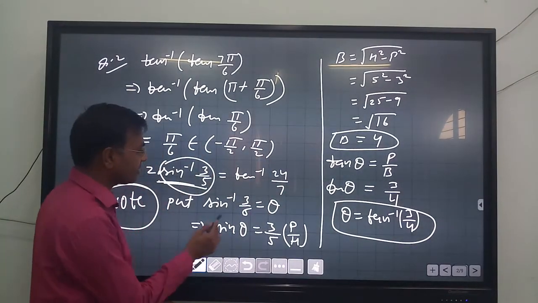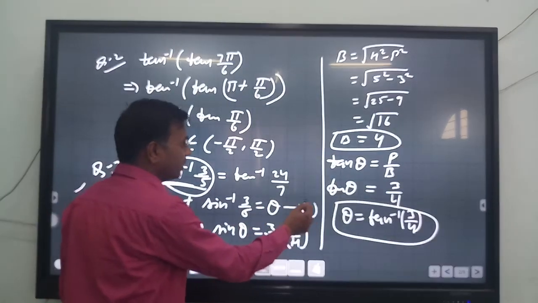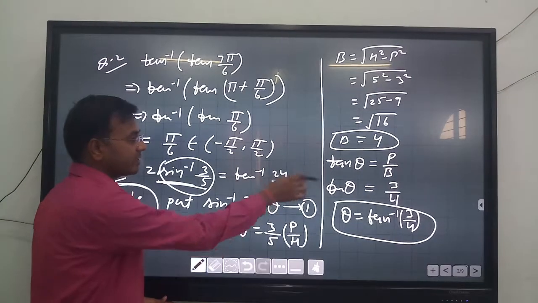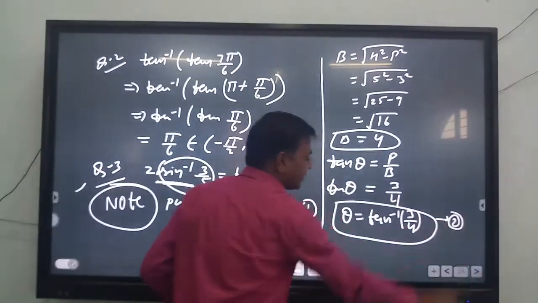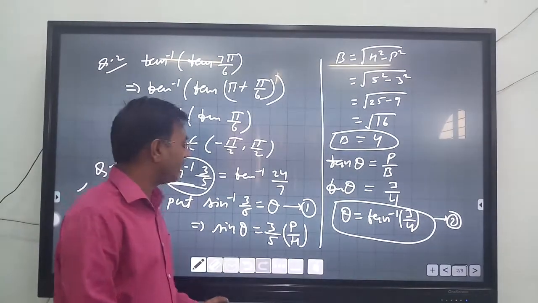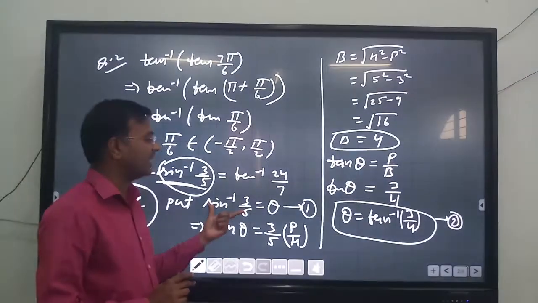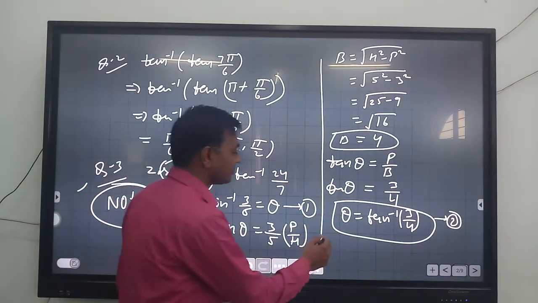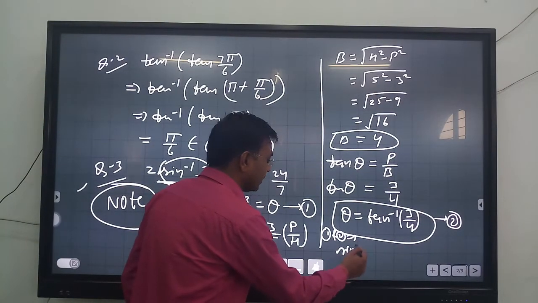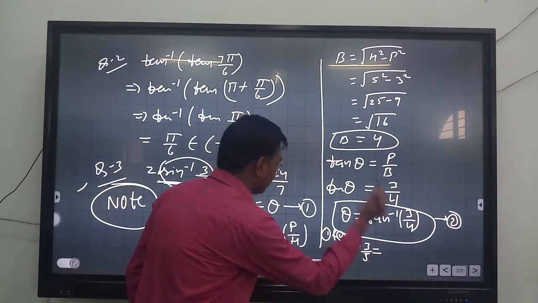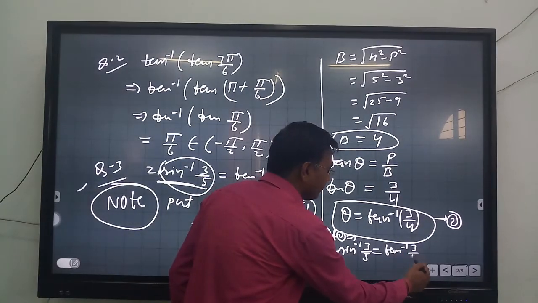So we assumed sin inverse 3 by 5 equals theta, and this theta is coming equal to tan inverse 3 by 4. This is equation second. So if we combine equation first and second, what can we conclude? That sin inverse 3 by 5 equals tan inverse 3 by 4.